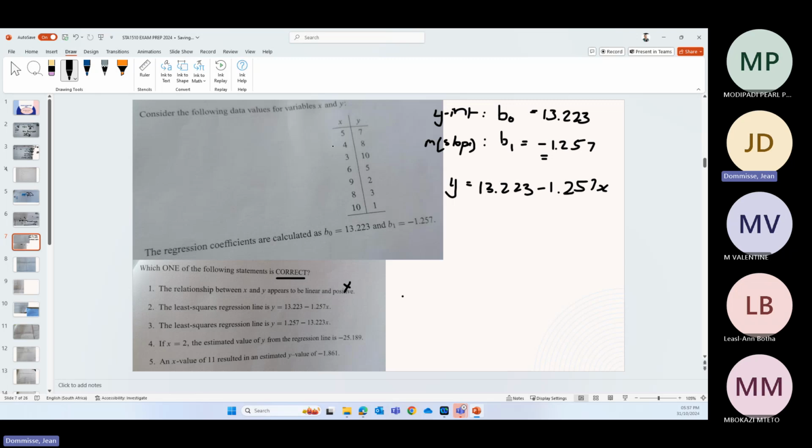So that's not true. Linear would have meant that as x goes down, y goes down, or as y increases, the other way around. Here you can see there's also definitely not a linear relationship, because you've got x, 5 and 7, 6 and 5, 3 and 10, 10 and 1.